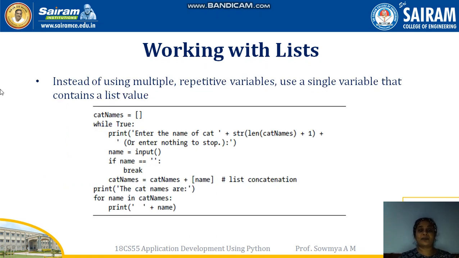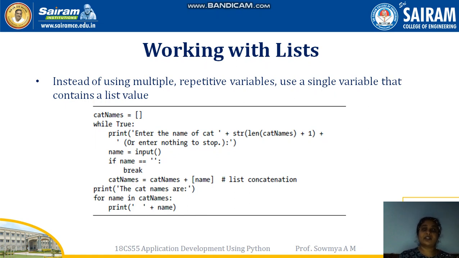So we have one program which takes multiple names for cats. If you have multiple cats and want to take the names of the cats, previously you used to define multiple variable names, and if the number of cat names increases, you have to go to the program, add one more variable name, assign a value there, and then run the program again.